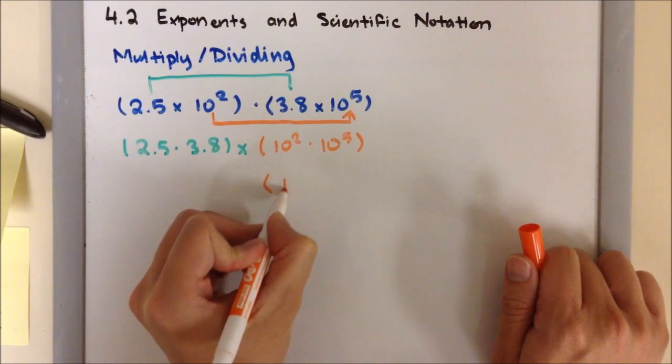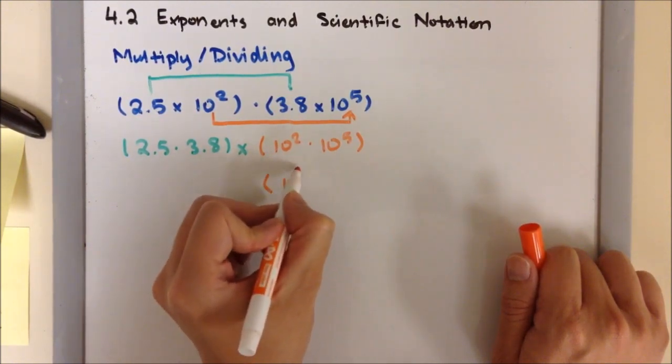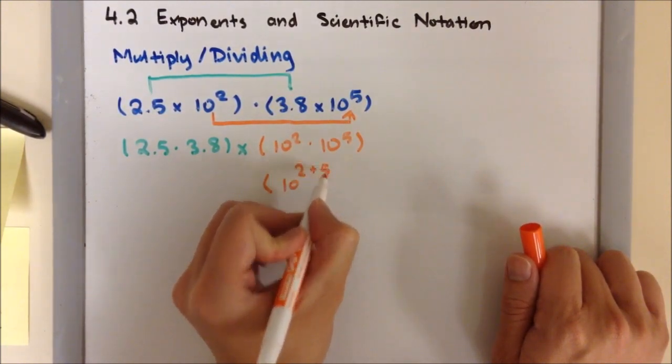Since they're the same base multiplying, it's actually 2 plus 5 for the exponents.